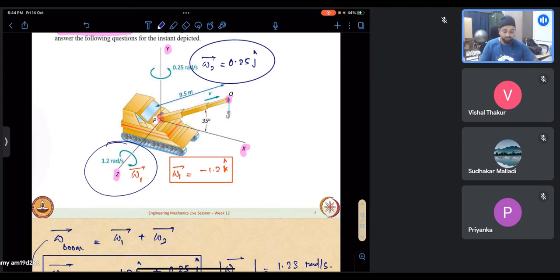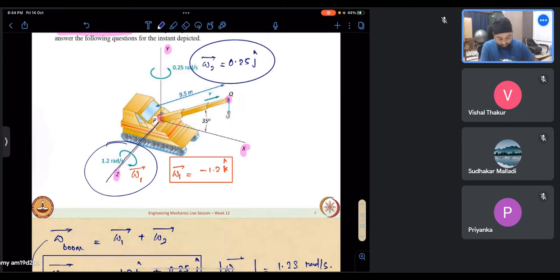I'm just trying to explain the point that when we have a constant angular velocity in one plane, then its angular acceleration goes to 0 because there is no magnitudinal change. Whereas it is not the case here because it is a 3D rotation, so our axis is changing.